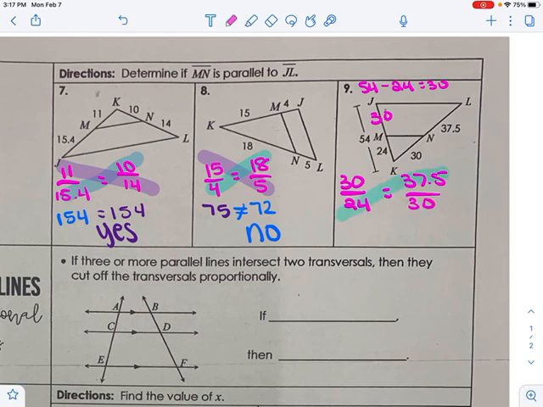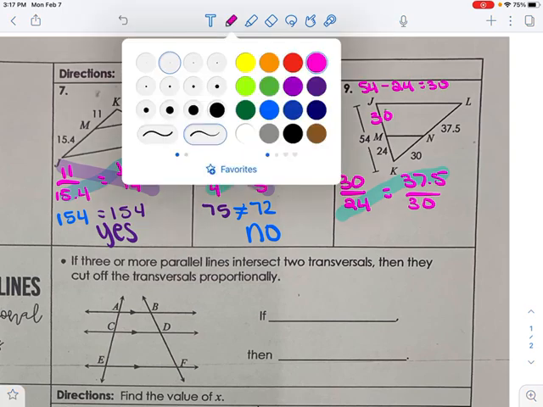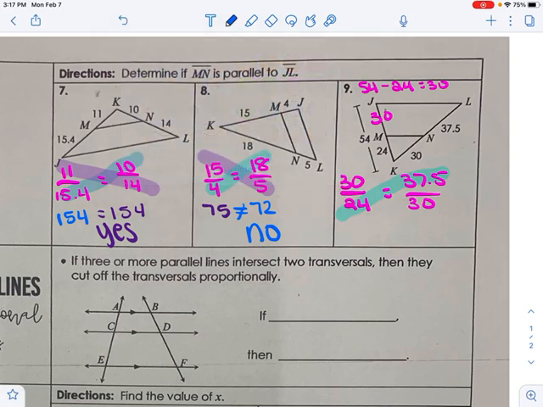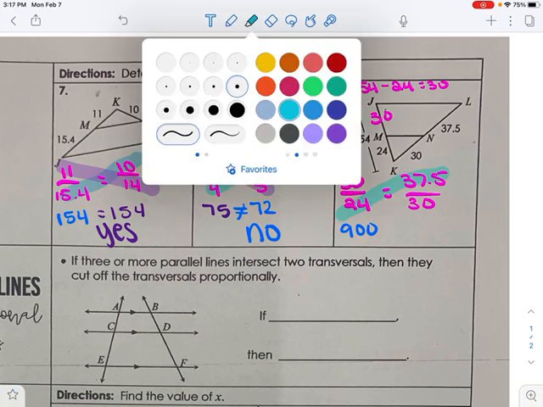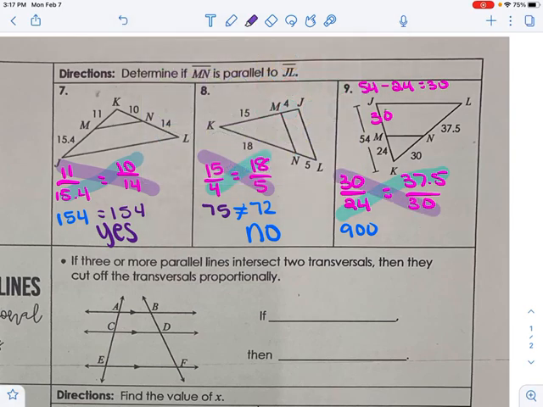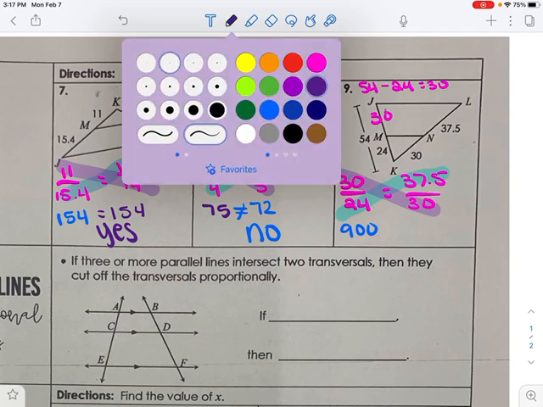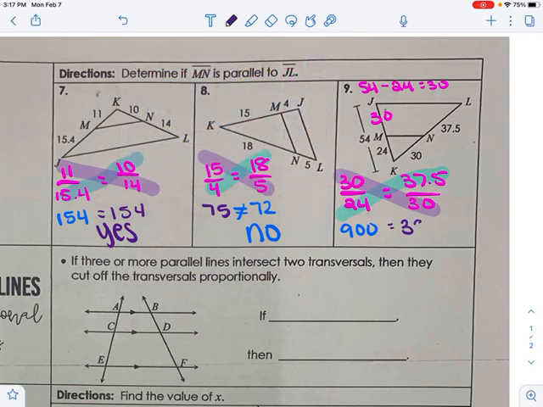When we multiply that blue diagonal, we should get 900. And then go the other way in purple. 30 times 30 is also, not 300, 900. So yes, these are parallel.